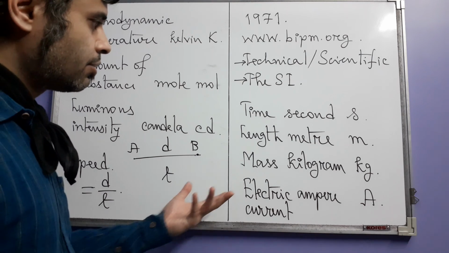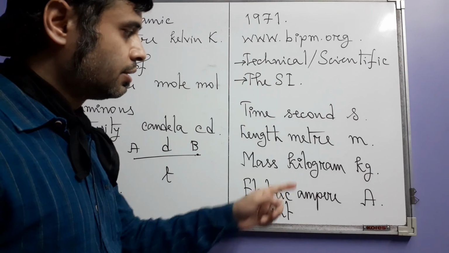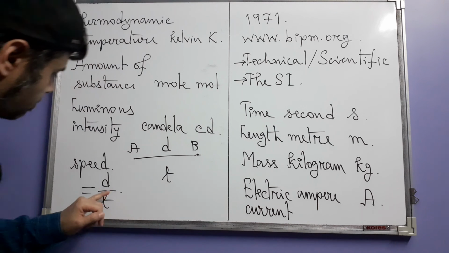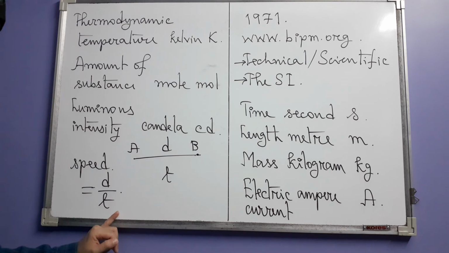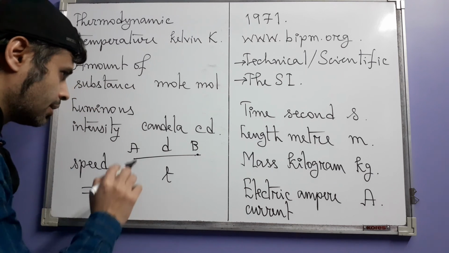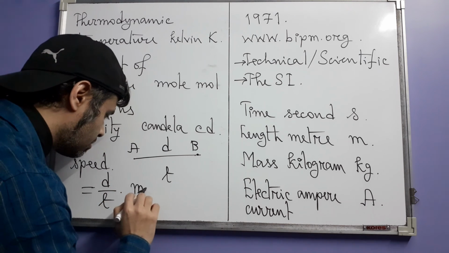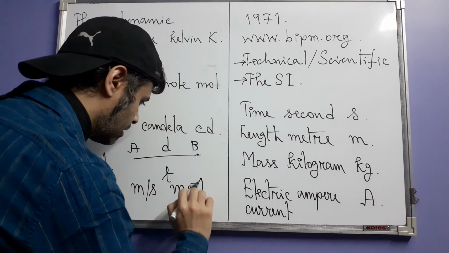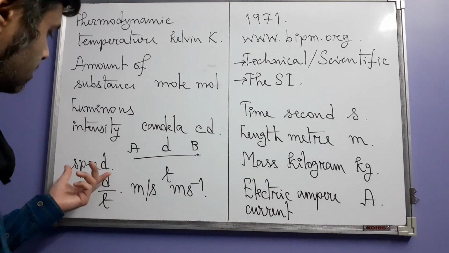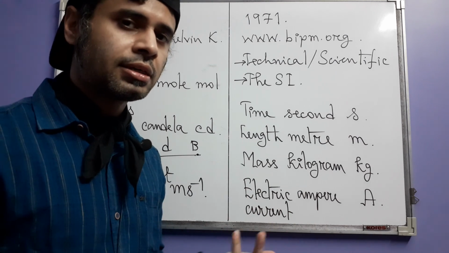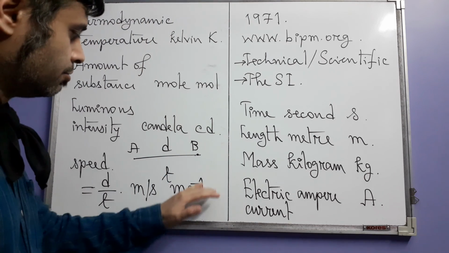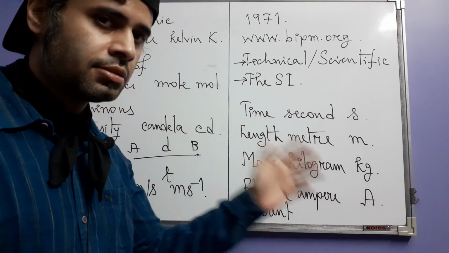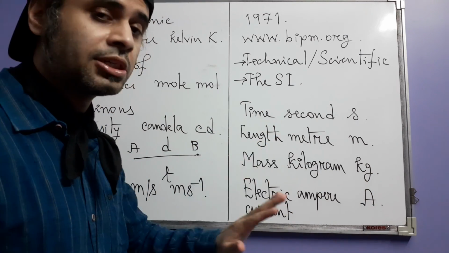So if you are thinking of the SI unit of speed, it will be meter divided by second or meter per second, because that's what speed is mathematically. And as such, the SI unit will be like this. It can be written like this or like this, meter per second. So this is a derived quantity. There are other derived quantities also, and the units they get in SI come from the units of these physical or base, fundamental or base quantities.